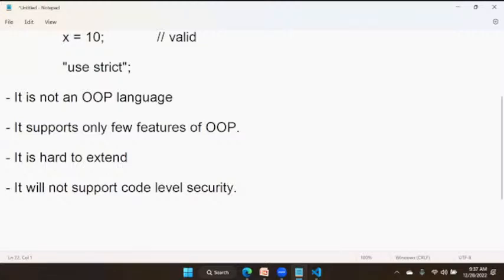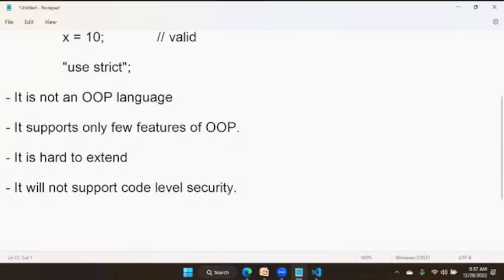Browsers can handle JavaScript only. There is no other language. That is the reason we don't have a choice. We have to use JavaScript only in spite of a lot of problems, because there is no alternative. There may be alternatives for other languages, but on the web there is no alternative for JavaScript actually.